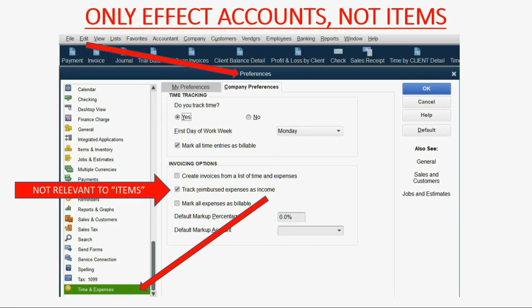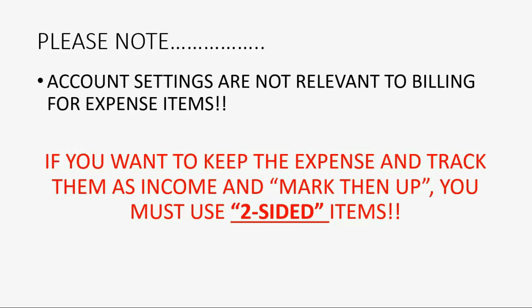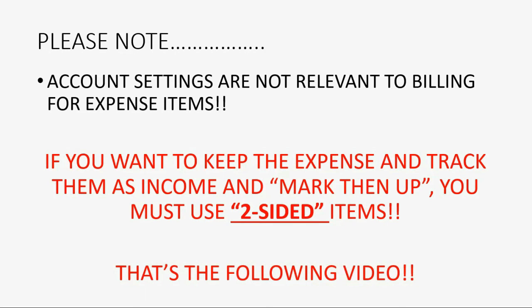And if you use items like we're doing now and in the following video, this choice is not relevant. So keep in mind, account settings are not relevant for expense items, and if you want to keep expenses and track them as income and mark them up, use two-sided items that are in the video that follows this one.